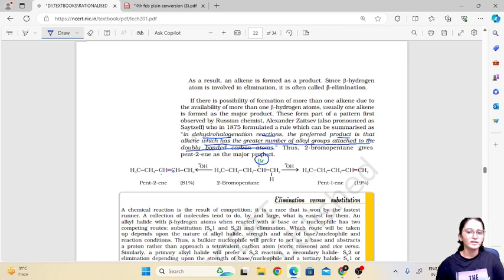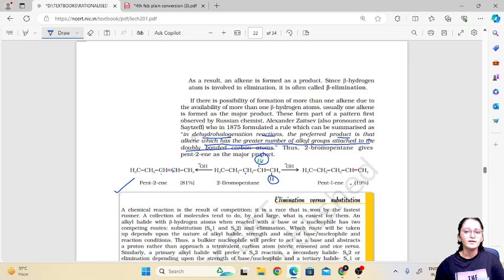Bromine will leave along with this hydrogen, or bromine with this hydrogen, here in CH2. When this hydrogen and bromine are removed, we get this product, pent-2-ene. And when this hydrogen and bromine are removed, we get this product, pent-1-ene. But which is major depends on this rule.